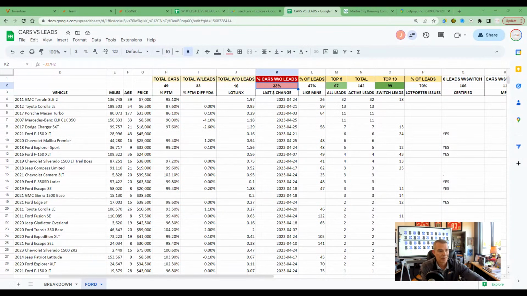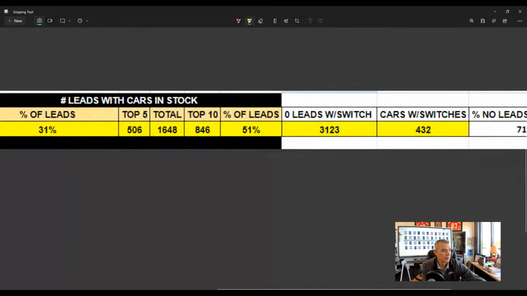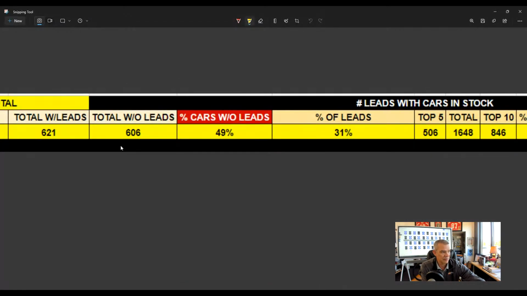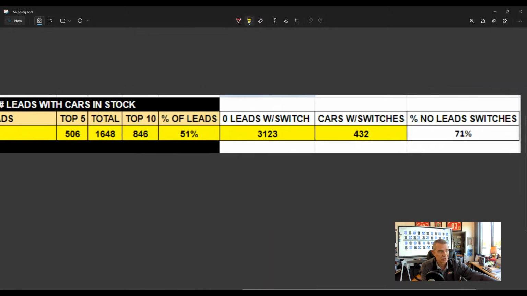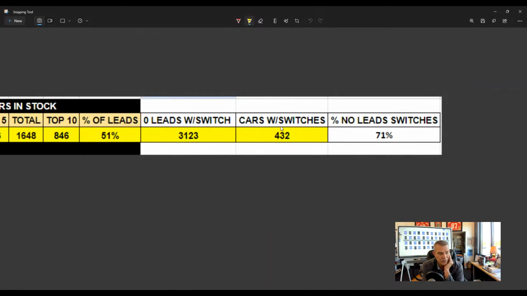Okay. So that right there, let me go back to, I'm going to share my screen again. Let's go back to these raw numbers over here. Okay. Now, remember, they had 606 cars without leads. Of those, 432 or 71% of those cars had a switch opportunity.